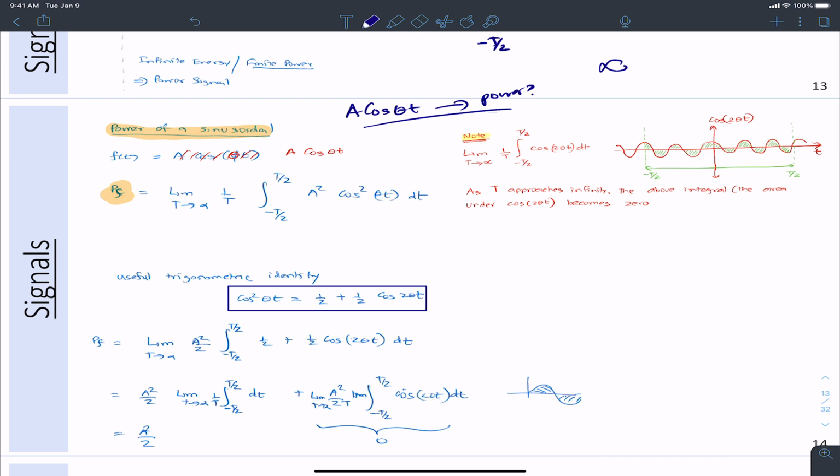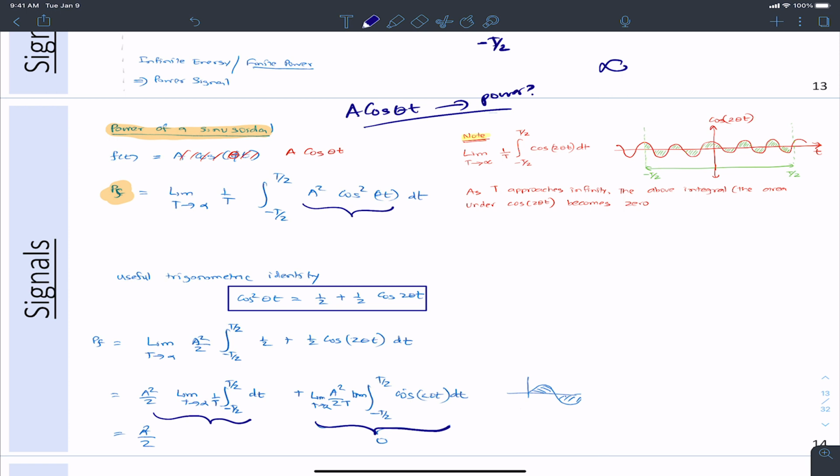Once you use that, you will substitute instead of this half plus half cos 2θt. So that divides the integration into two, the first part here and the second part here.